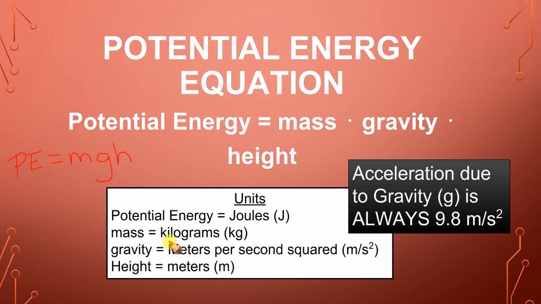It is always 9.8 meters per second squared. You can just remember that g equals 9.8 meters per second squared. Our last variable is height, or h, and remember that height is measured in meters.